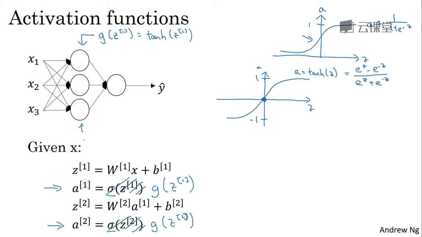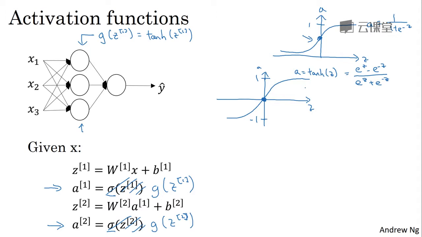Just as sometimes when you train a learning algorithm, you might center the data to have 0 mean, using a tanh instead of a sigmoid function has the effect of centering your data so that the mean of your data is closer to 0 rather than maybe 0.5, and this makes learning for the next layer a little bit easier. We'll say more about this in the second course when we talk about optimization algorithms as well. But one takeaway is that I pretty much never use the sigmoid activation function anymore. The tanh function is almost always strictly superior.